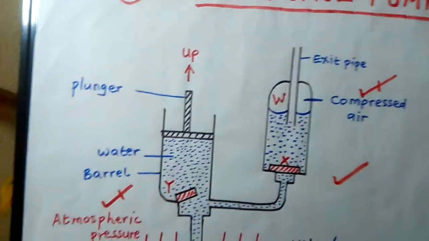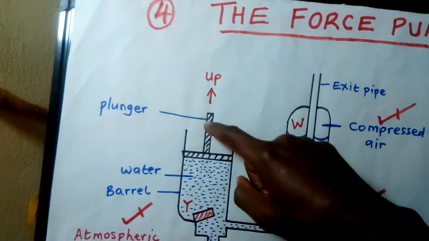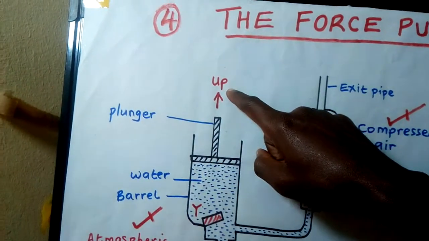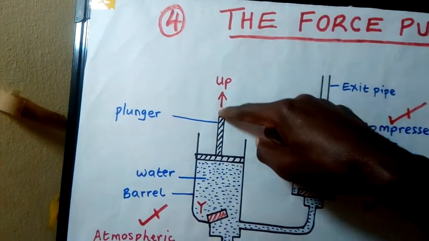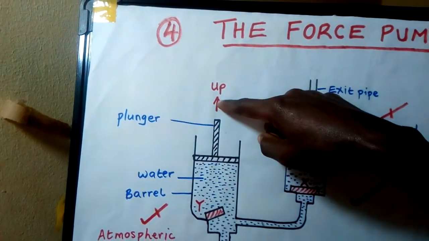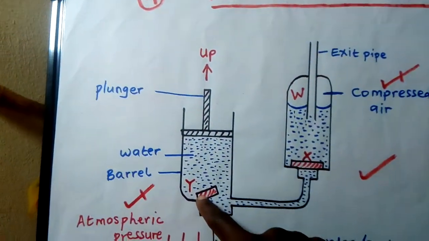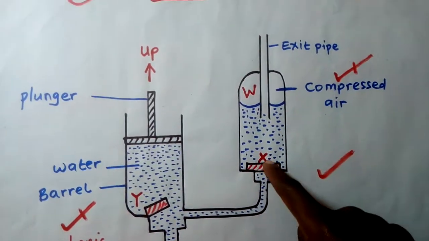Now, let's first go back to the diagram. When this piston moves up, which we also call a plunger, we call that upstroke. And when the piston moves down, that is a downstroke. So when the piston moves up, what happens? This valve opens, that is valve Y, and then this one closes.